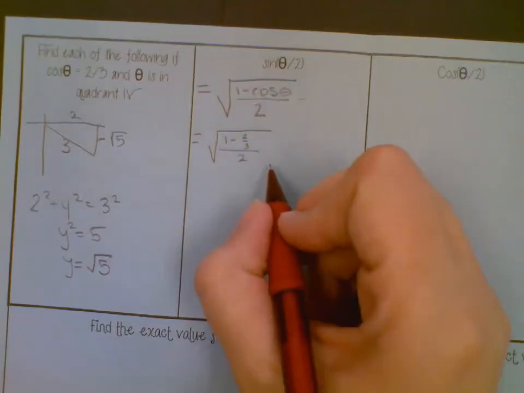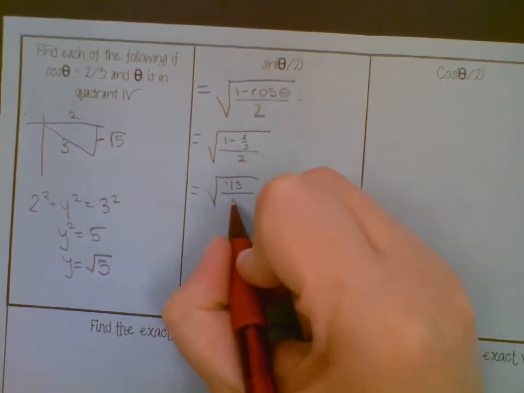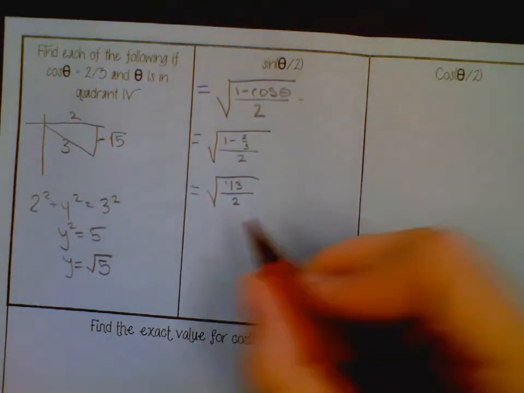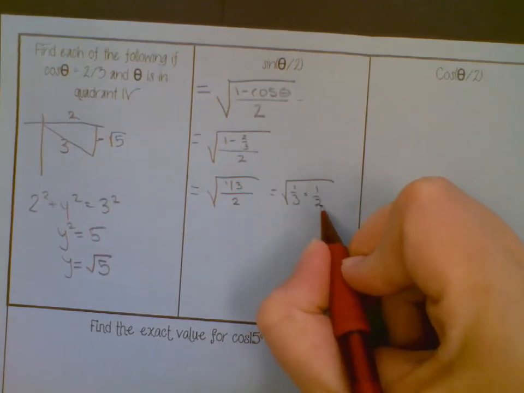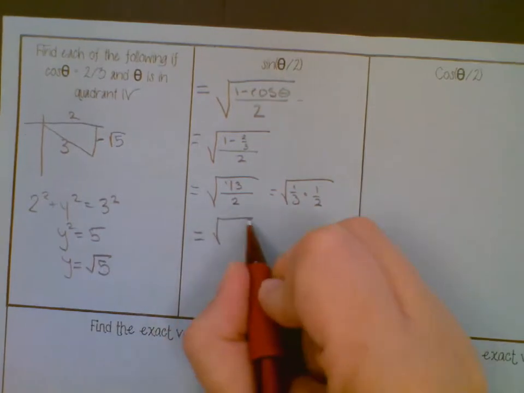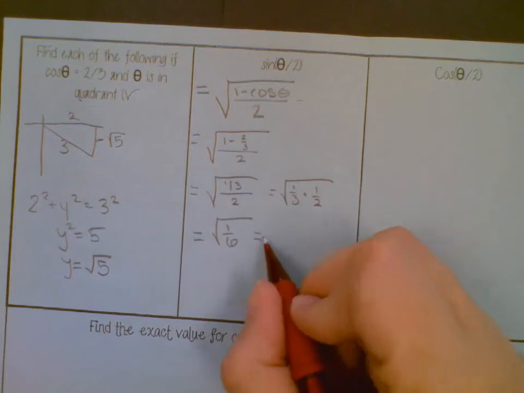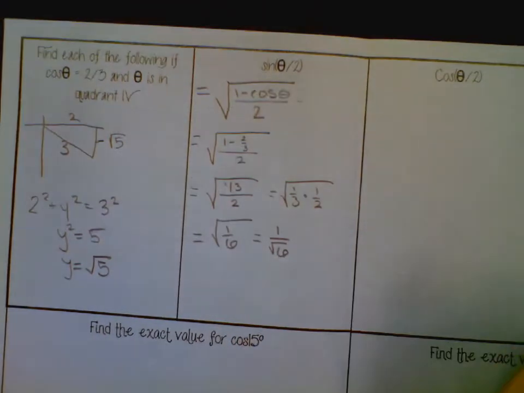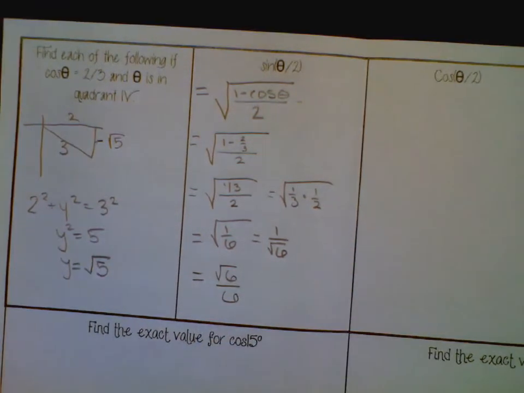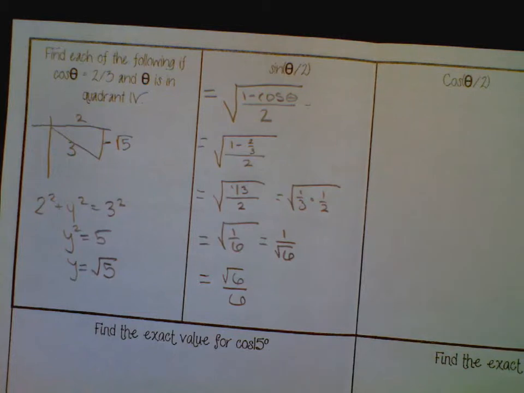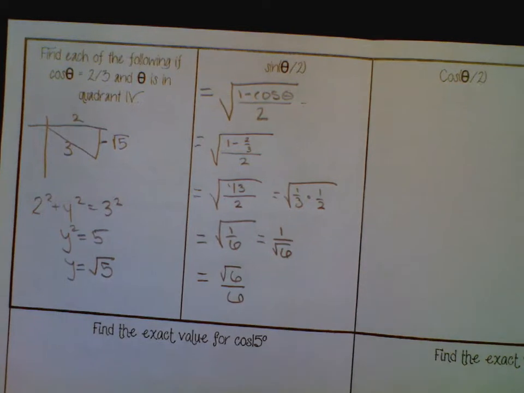We can simplify the numerator. 1 minus 2/3 is 1/3 over 2. So flip and multiply, we would have 1/3 times 1/2, which is 1/6. We can take the square root, so we'd have 1 over the square root of 6. And then if we rationalize, we end up with the square root of 6 over 6. So if cosine of theta equals 2/3, then the answer is root 6 over 6.